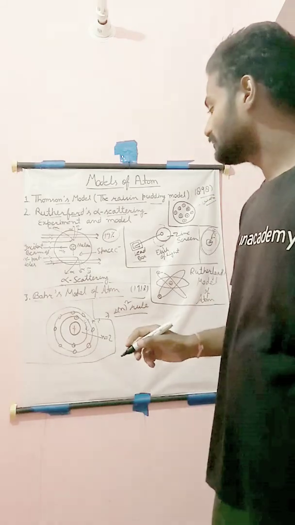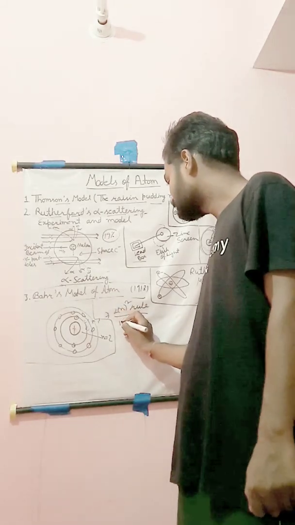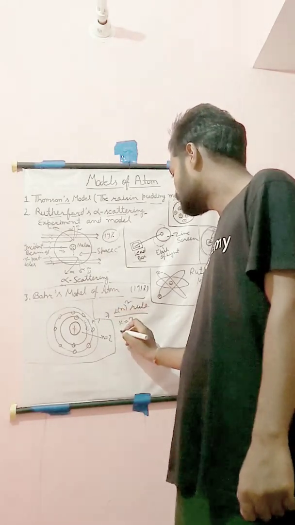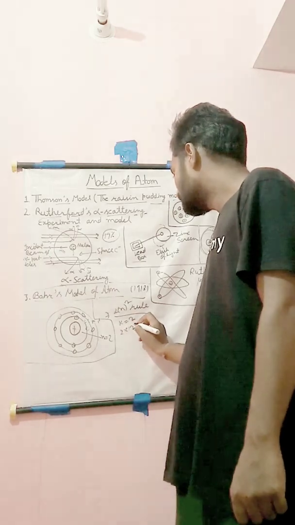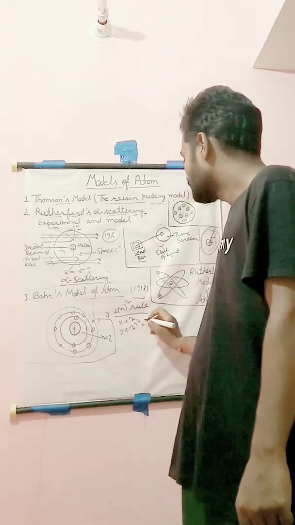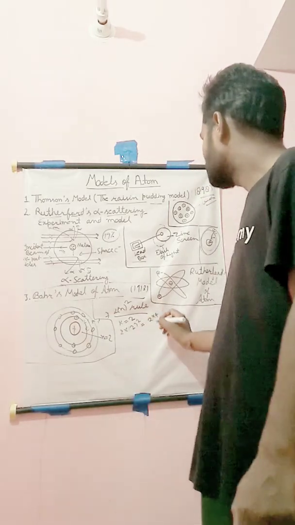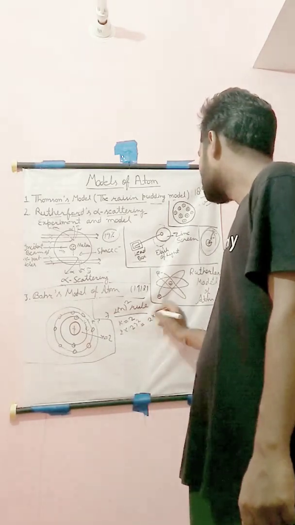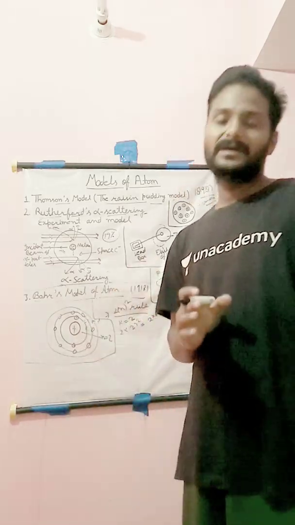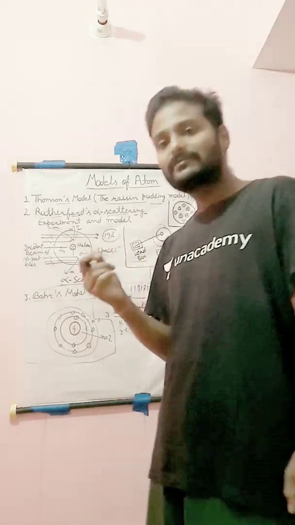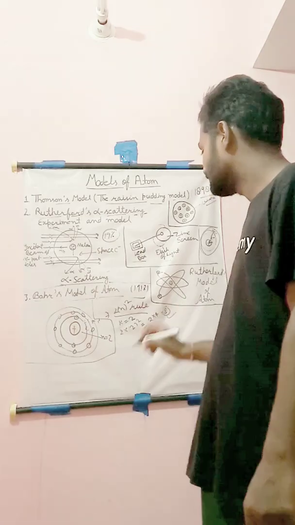Suppose n is equal to 2, so 2 into 2 square becomes 2 into 4, so the maximum number of electrons an element can carry in its outermost shell is 8.